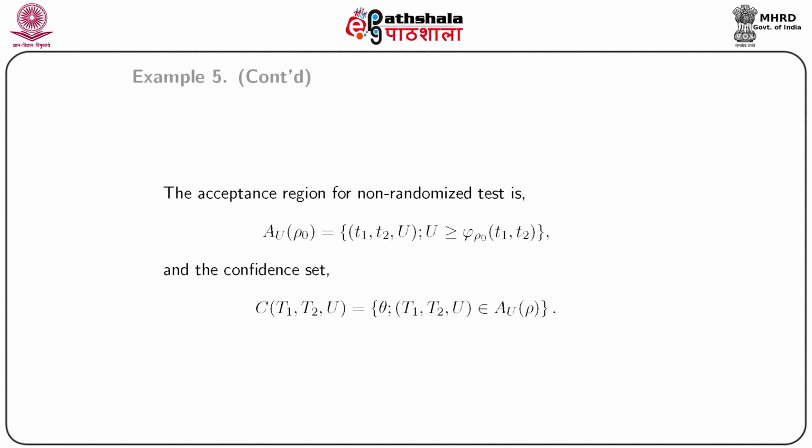The acceptance region for the non-randomized test is A_U(rho naught), the set of all (T1, T2, U) such that U is greater than or equal to psi(T1, T2), and the confidence set is given by C(T1, T2, U), the set of all theta such that (T1, T2, U) belongs to A_U(rho).